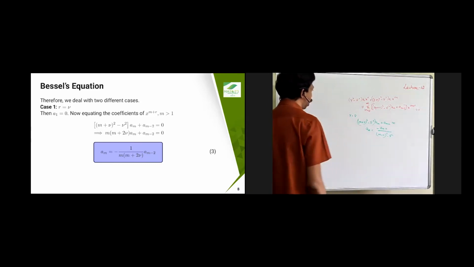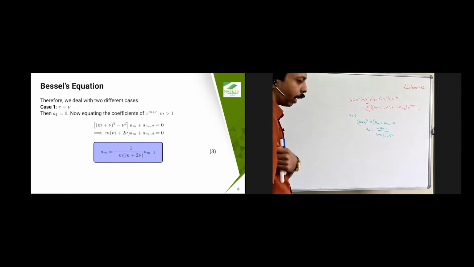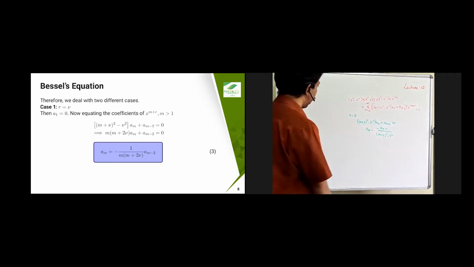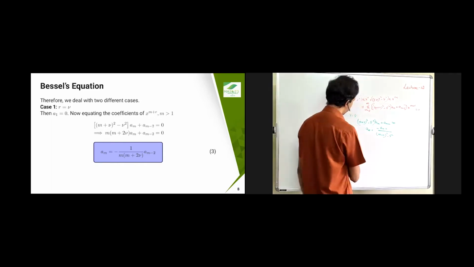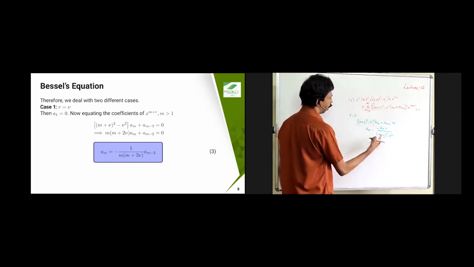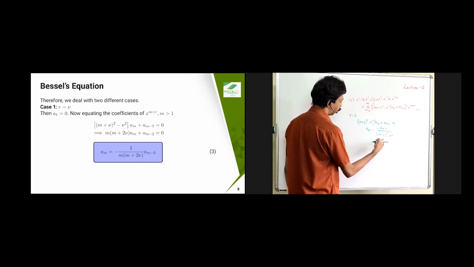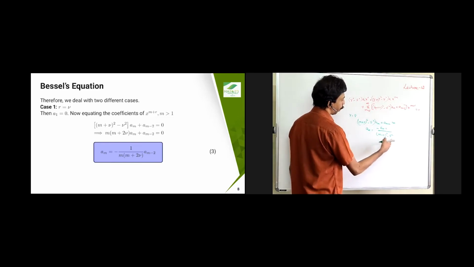If I substitute r equal to nu here, this is going to become (m plus r) whole square, that is m square plus 2m r, and 2m r is 2m nu, plus nu square.